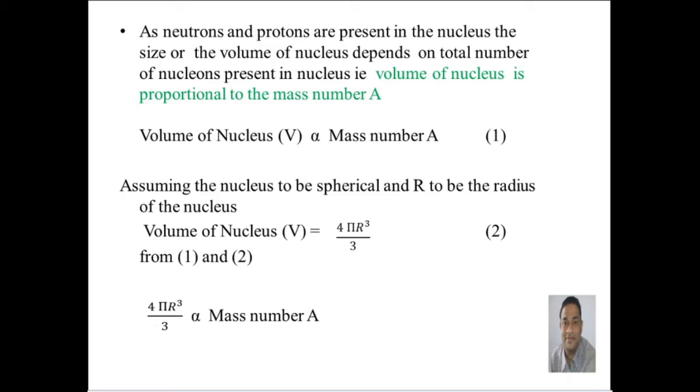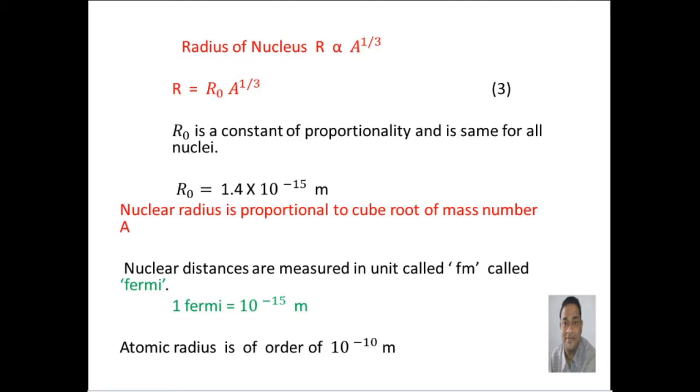So if we equate the equation 1 and 2 and make the necessary arrangements, then we get that the radius of the nucleus capital R is directly proportional to the cube root of the mass number A. R is proportional to A raised to the power 1 by 3. So to remove the proportionality sign, R is equal to R0 A raised to the power 1 by 3.